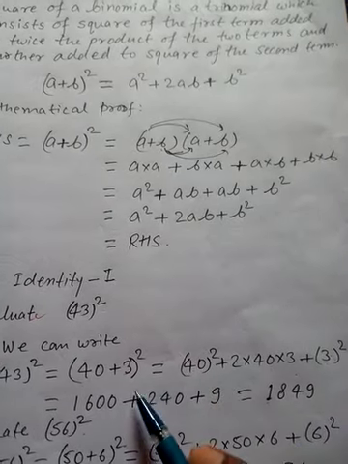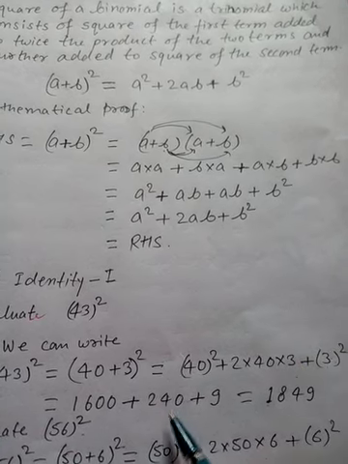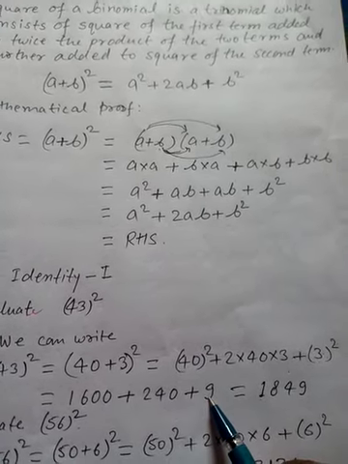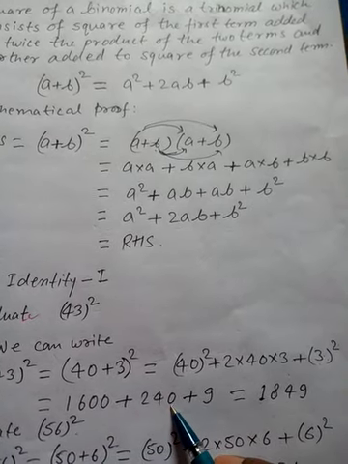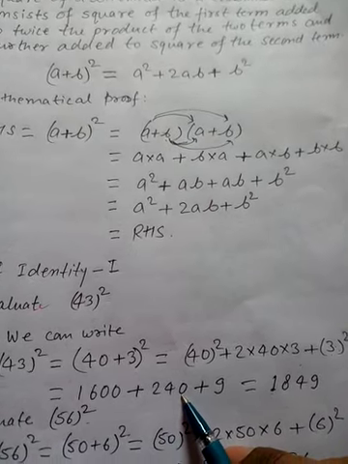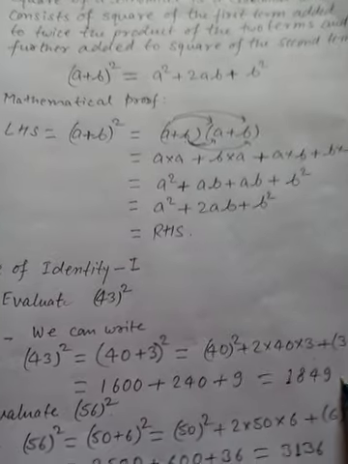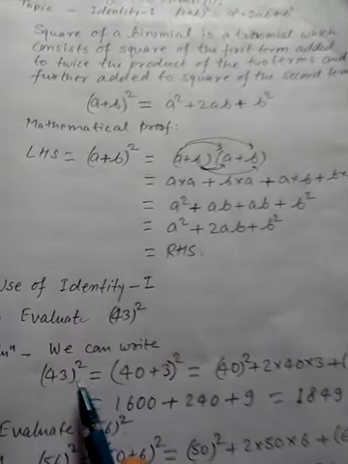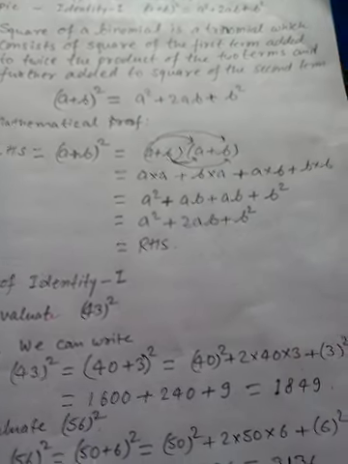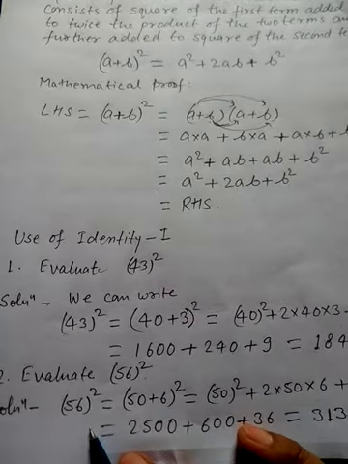Now 40 square is 1600, 2 into 40 into 3 is 240, and 3 square is 9. 1600 plus 240 is 1840, and plus 9 is 1849. Now you can see that we can find the square of 43 easily by using this identity. Again I am taking an example, 56 square.